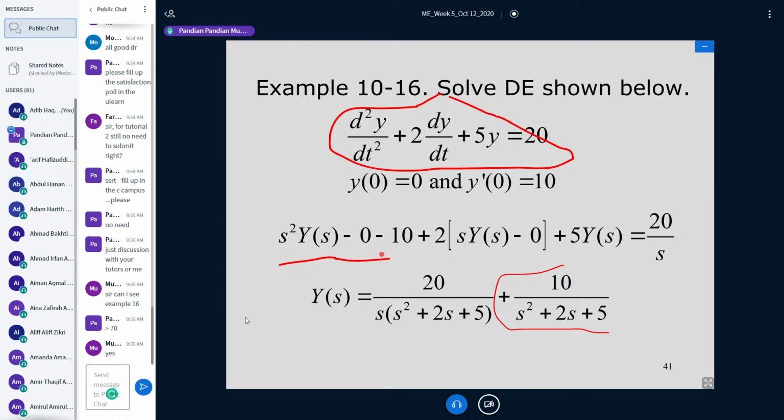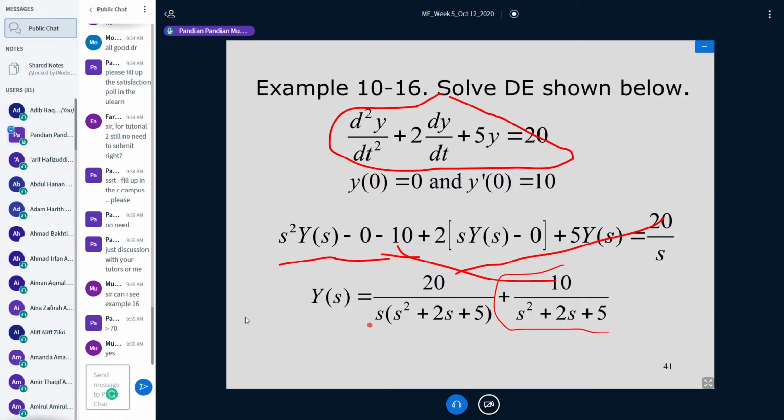This one minus 10 becomes 10, and then 20 is here, and then 5, 2s, s squared. So Y(s) equals 20 over s times (s squared plus 2s plus 5). This is 10. This 10 becomes here s squared plus 2s plus 5.